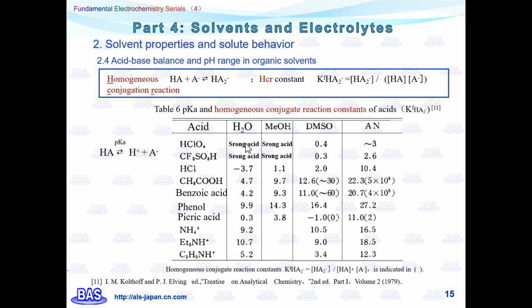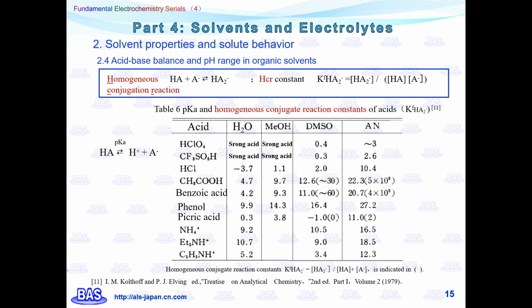On the other hand, solvation of H plus is difficult to occur in acetonitrile, which is weak in both donor and acceptor properties, and solvation of the A minus ion is often difficult as well. Therefore, the pKa of the acid is large and there is almost no acid that can be completely dissociated.